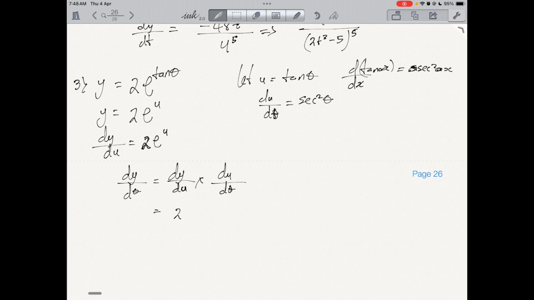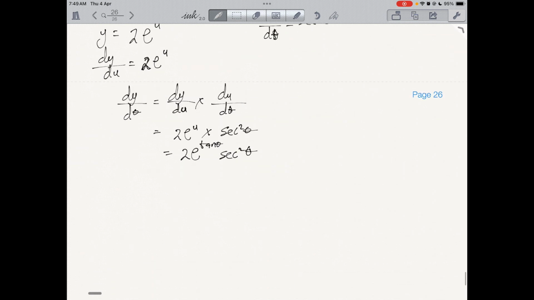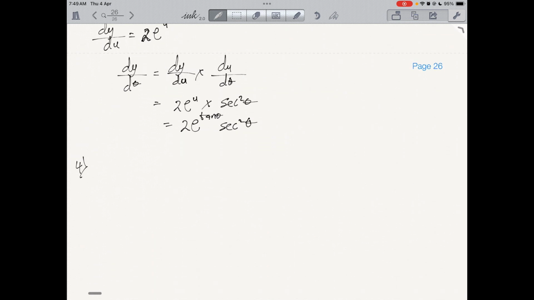And our dy/du is 2 exponential u, and our du/d theta is sec squared theta. So this is 2 exponential u sec squared theta. Let's substitute our u as tan theta, giving 2 exponential tan theta times sec squared theta.